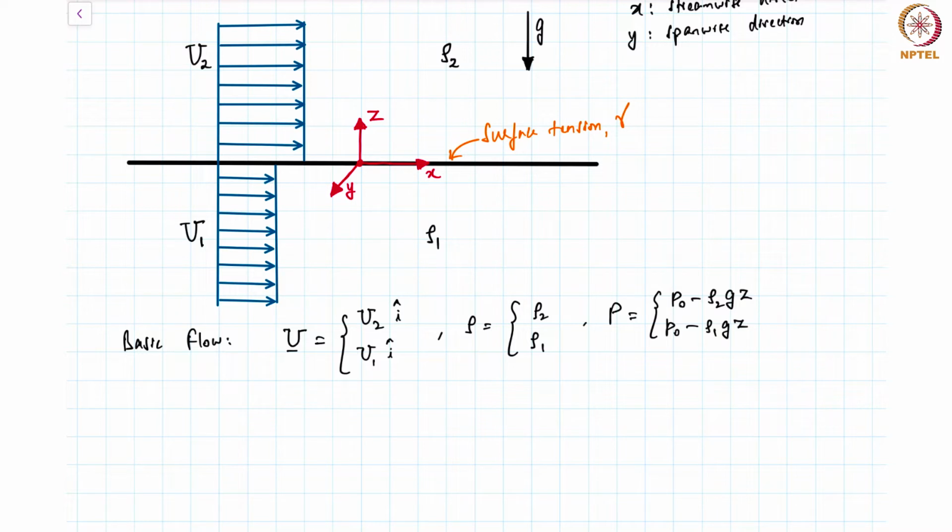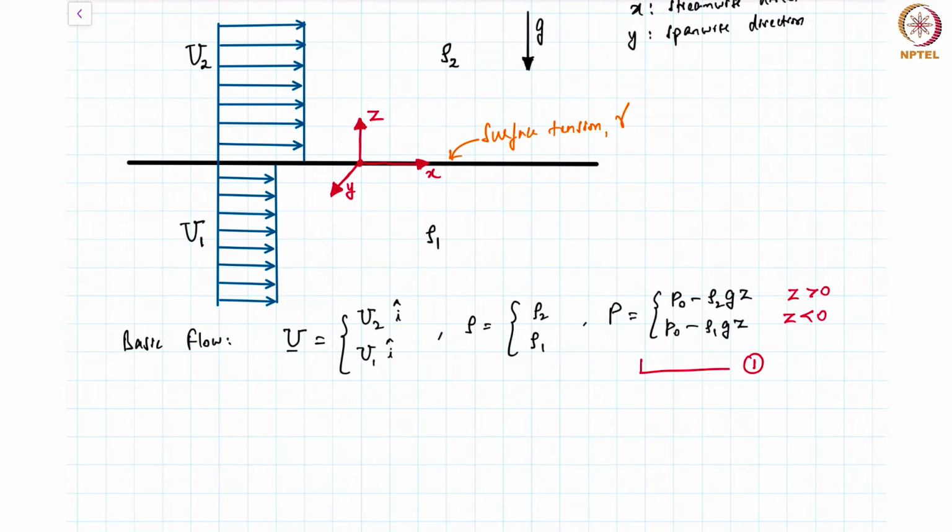So this is for z greater than 0, and this is for z less than 0. All the quantities with the subscript 2 are for the upper stream and the subscript 1 is for the lower stream. So we'll number this as 1.